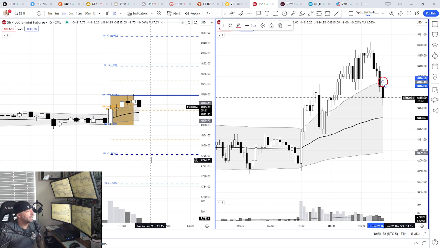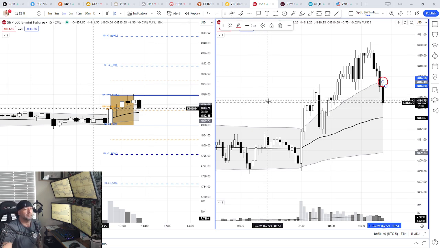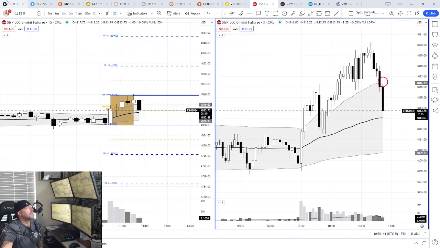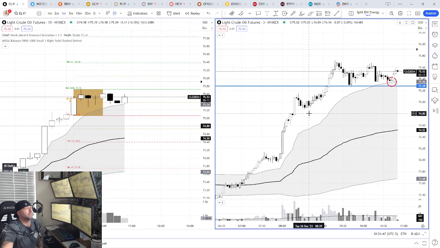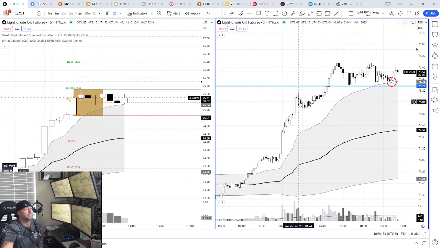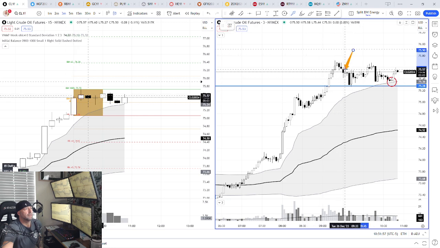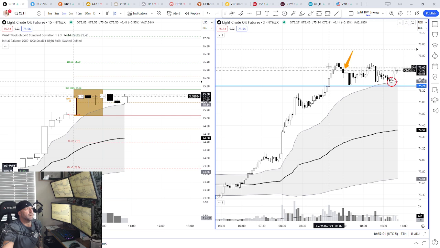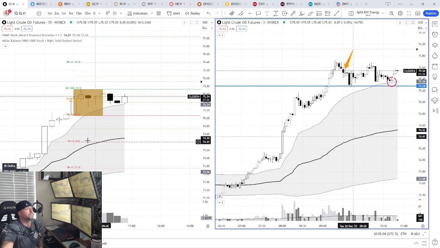All right, so how did everybody else do this morning? Best trades were this short and oil. Right on here. Missed it twice, trying to take it on the way up, anticipatory.